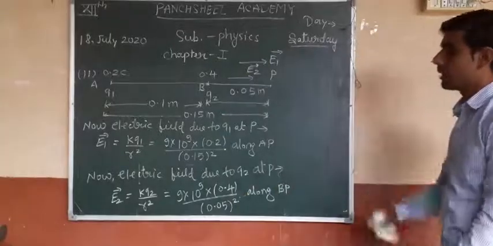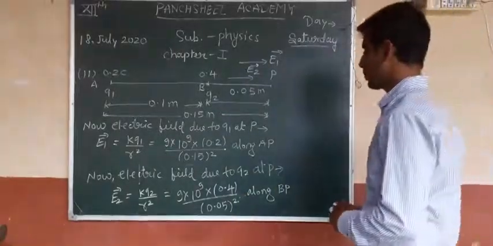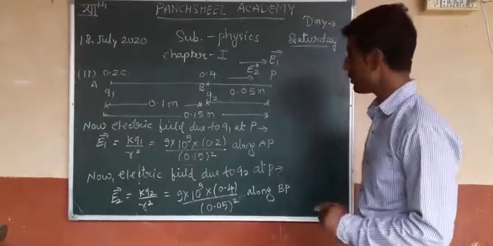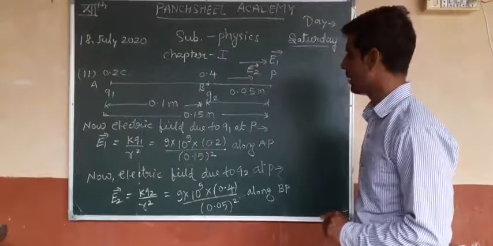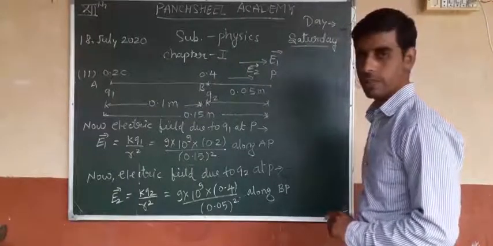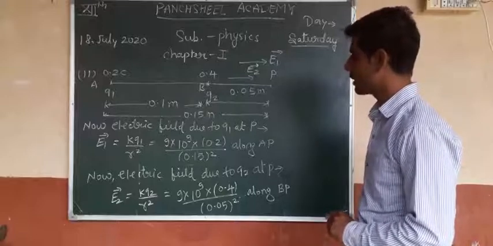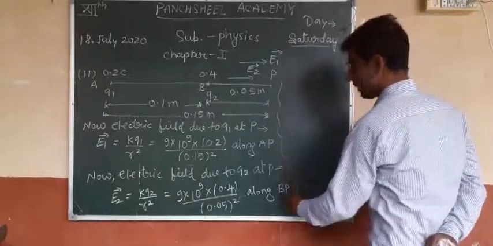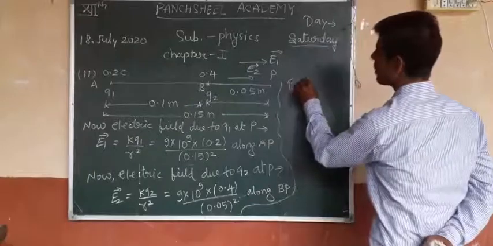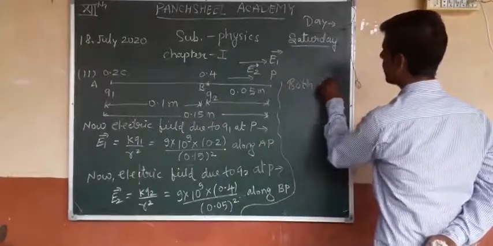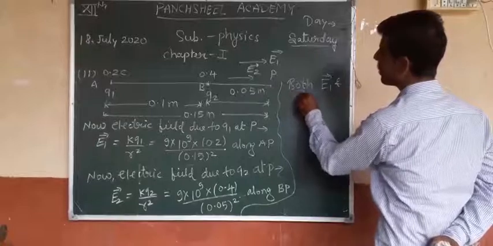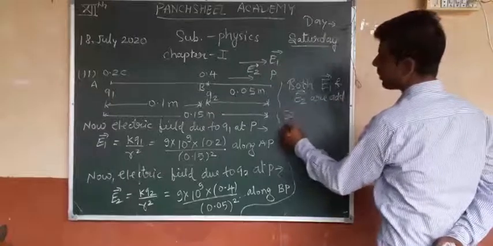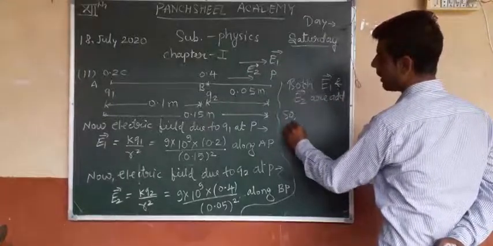Okay, now we want to find the resultant of E1 and E2. So look here, what is the direction of E1? Along AP, and what is the direction of E2? E2 is also in the same direction as E1, so both the fields add up. Okay, both E1 and E2 add, so E net, what is the value of net electric field?